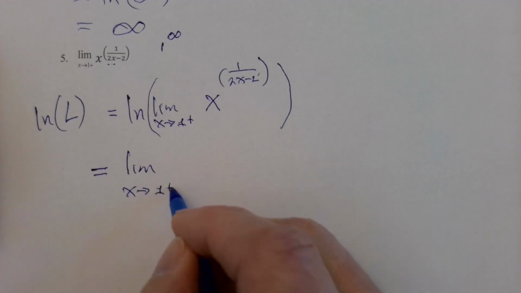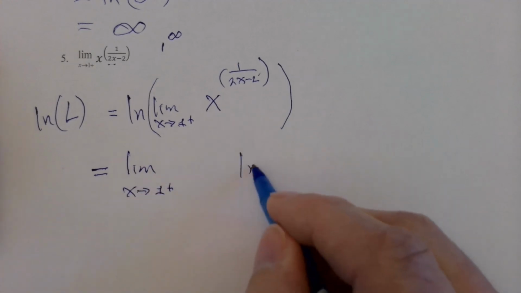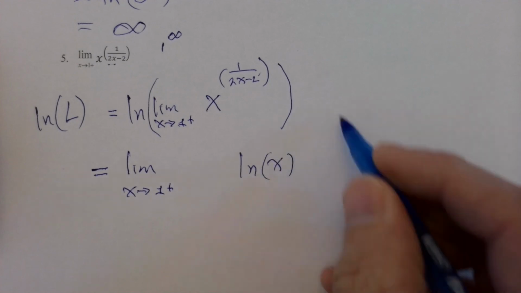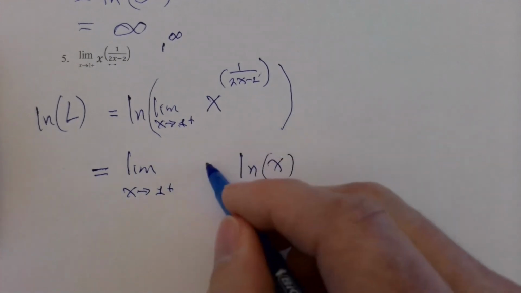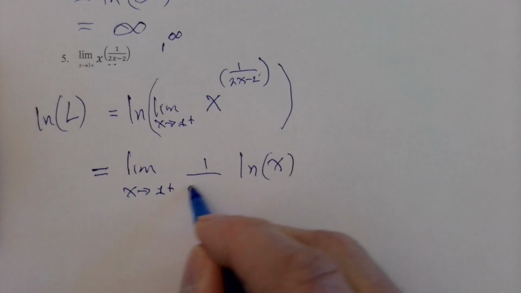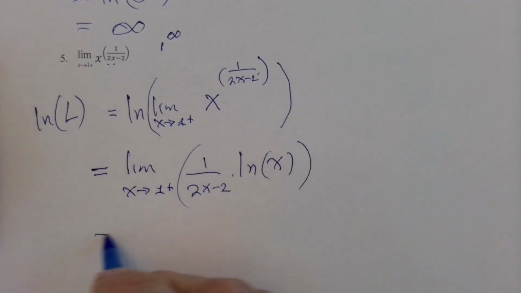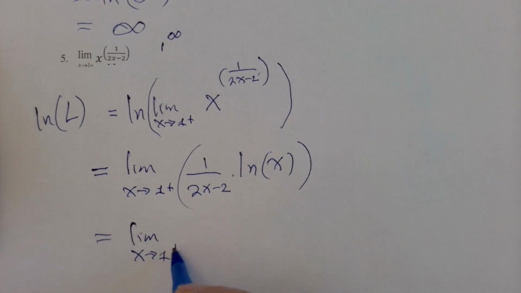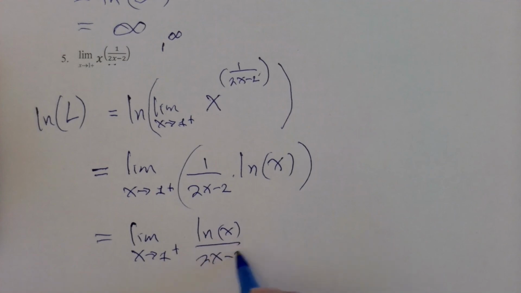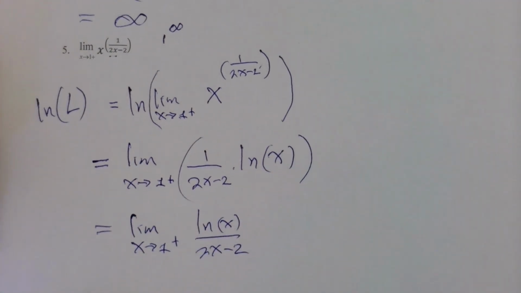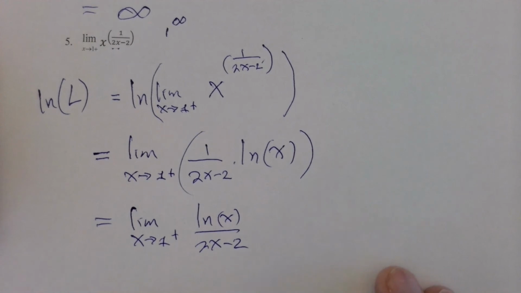So again, let the log go inside the limit, but instead of taking the log of this whole power, take the exponent and bring it down in front of the log, like this. And if you want, you can write this as a quotient. Then you can try to evaluate to see what form of limit you have.